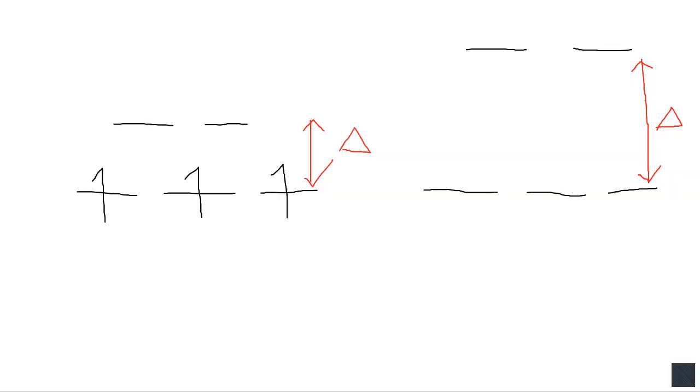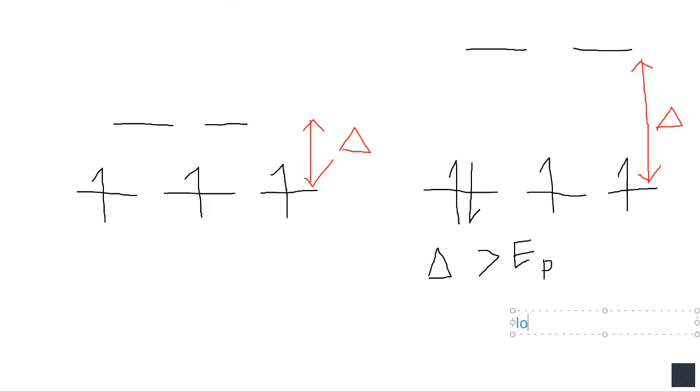So if this splitting energy is bigger than energy pairing, this means that the electron will be paired in low spin. For example, we have another electron, so this is low spin.